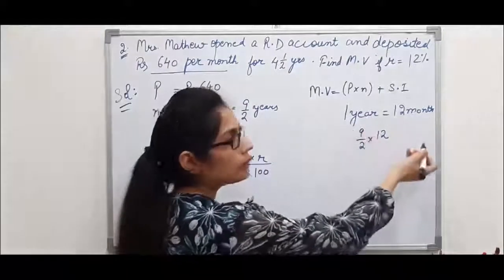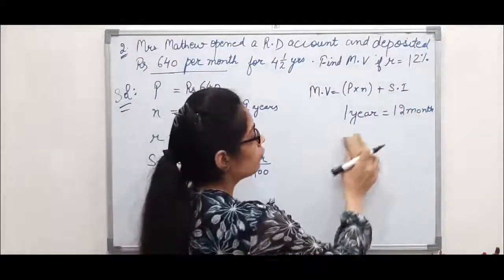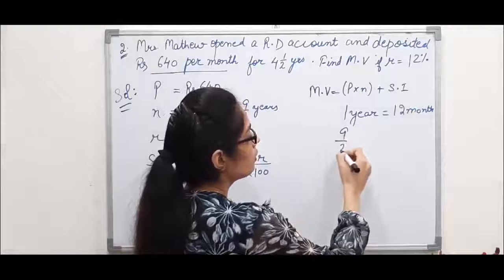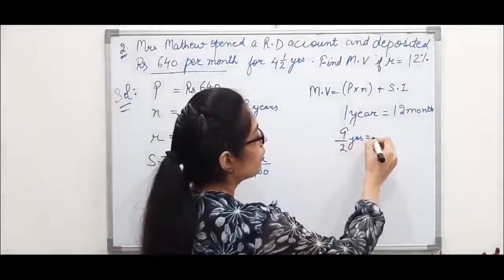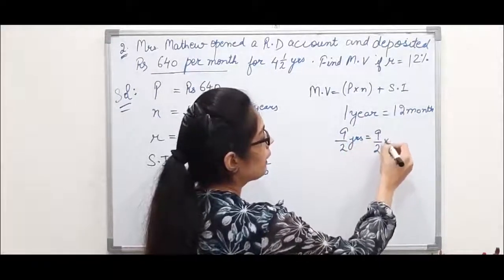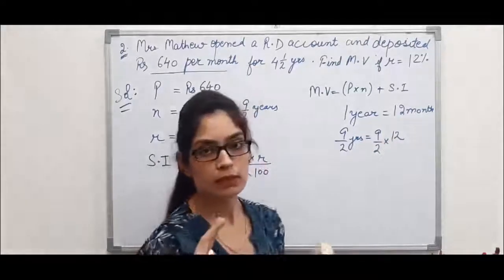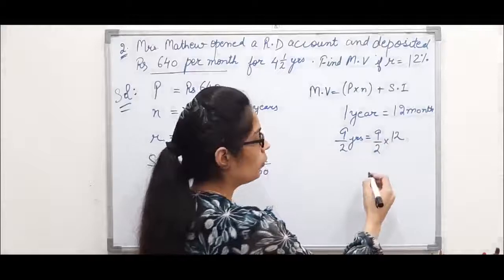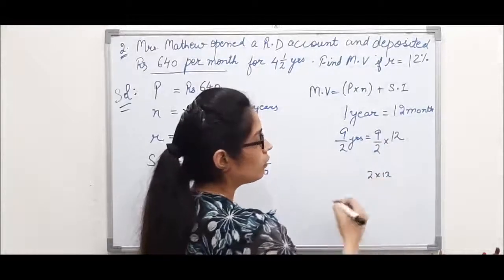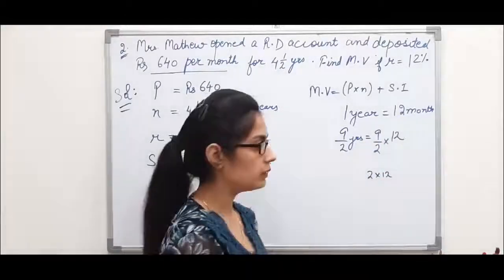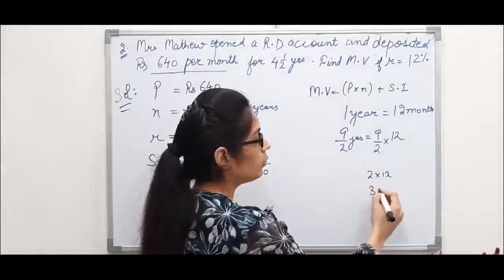1 year is equal to 12 months, so 9 by 2 years will be equal to 9 by 2 multiplied by 12. This goes the same way: since 1 year has 12 months, 2 years will be 2 into 12, which is 24 months, and 3 years will be 3 into 12.